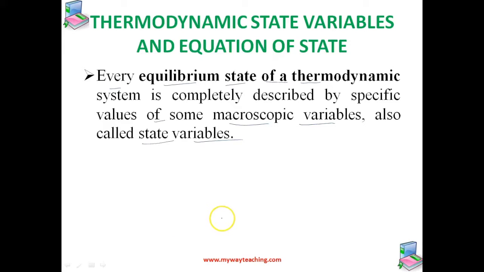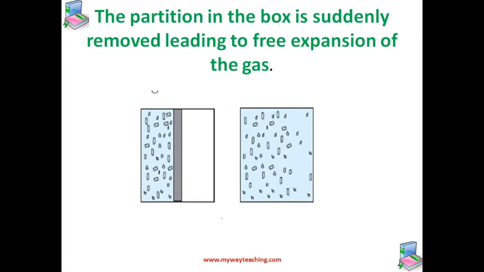On the other hand, a thermodynamic system is not always in equilibrium. For example, a gas allowed to expand freely against vacuum is not an equilibrium state. As you can see in the figure, a gas is allowed to expand in a vacuum, and this is not the equilibrium state, because during the rapid expansion the pressure of the gas may not be uniform throughout.